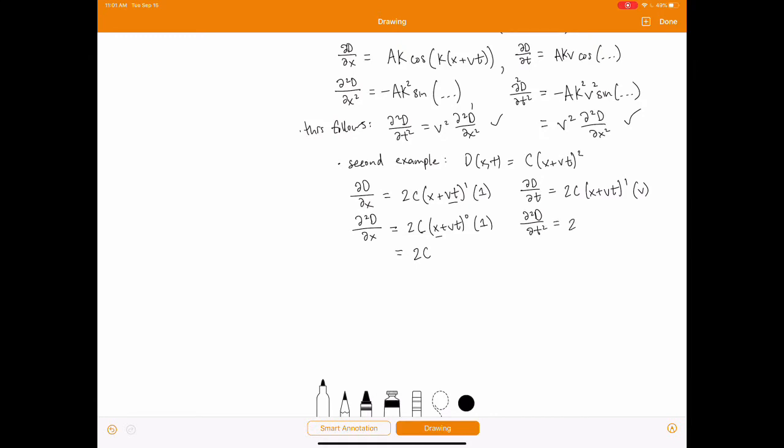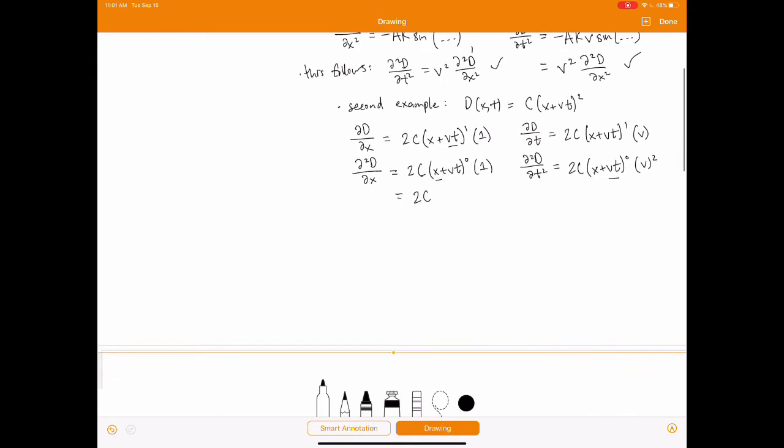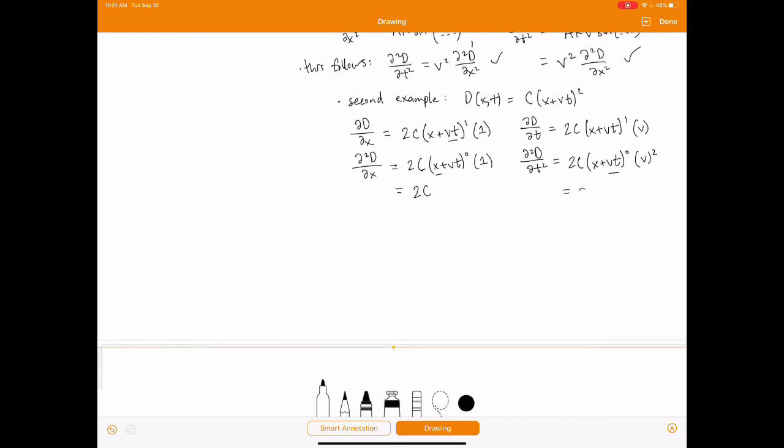And so here I have 2 times c, (x plus vt) to the 0 power. And then I have to take the derivative of what's inside with respect to time once again. And that gives us another factor of v. So now I have v squared. So the point here is the second derivative with respect to time is 2 times c times v squared. In other words, it's v squared times the second derivative with respect to position, because remember that was 2c.